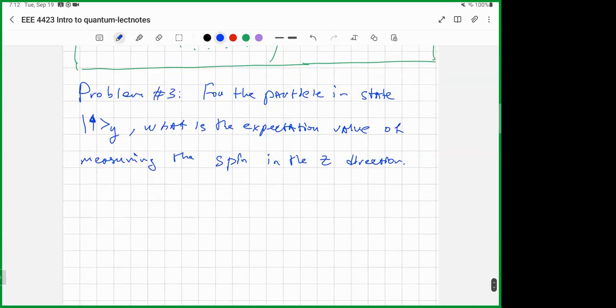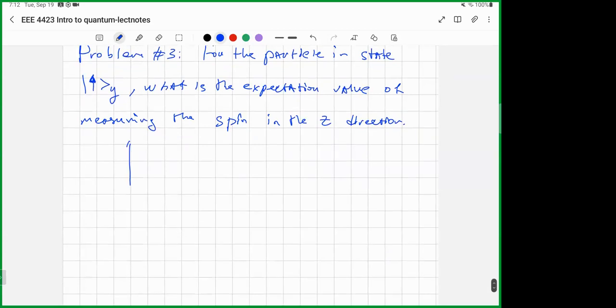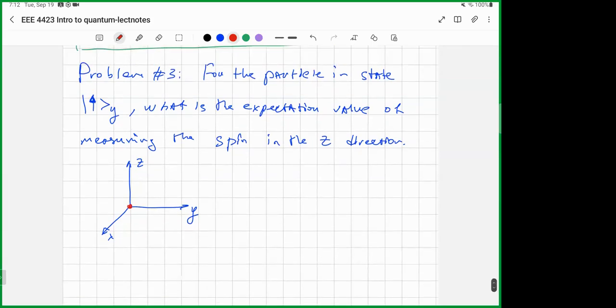So let me draw this once again. This is z, this is x, this is y, okay? And I prepared my spin, the orientation of the spin, along the y direction.